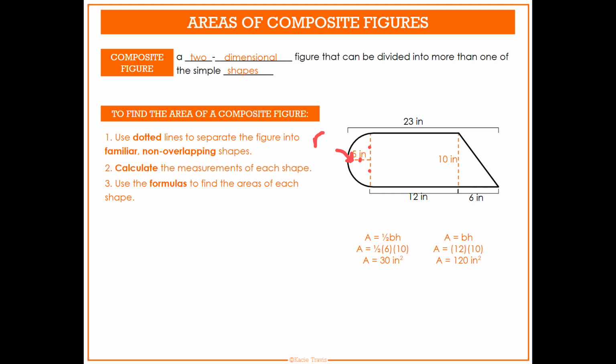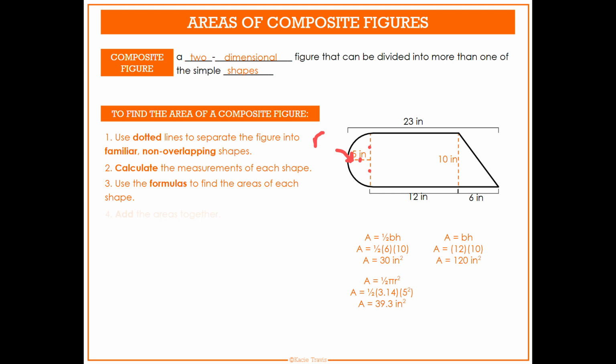And then over here, this isn't just a circle, it's a semicircle. So that is about half the area of a circle, 1/2 pi r squared. Remember, we're still using 3.14 for pi, so just make sure you keep that in mind. 1/2 of 3.14 times 5 squared gives us 39.3.